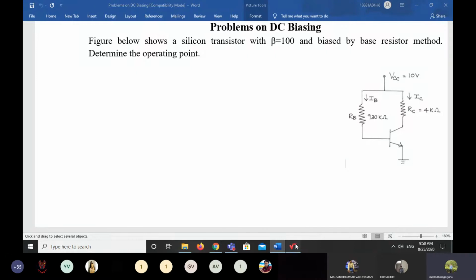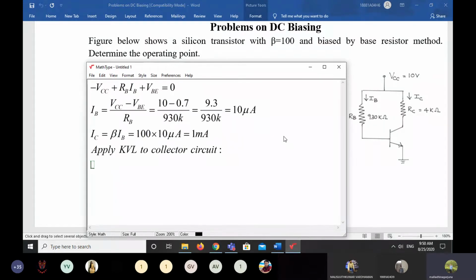From there you can apply minus VCC plus IC RC plus VCE equal to 0, where VCE is the voltage drop between collector and emitter.